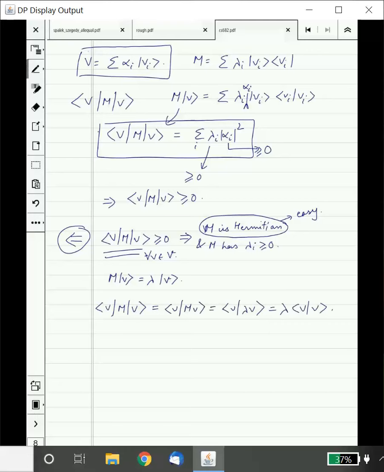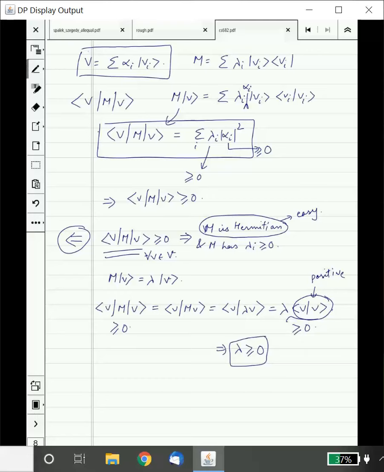Now by the condition, I know that this thing is greater than or equal to 0. That means lambda times v*v is greater than or equal to 0. Now v*v is obviously positive, implying lambda is greater than or equal to 0. So all eigenvalues are also non-negative.